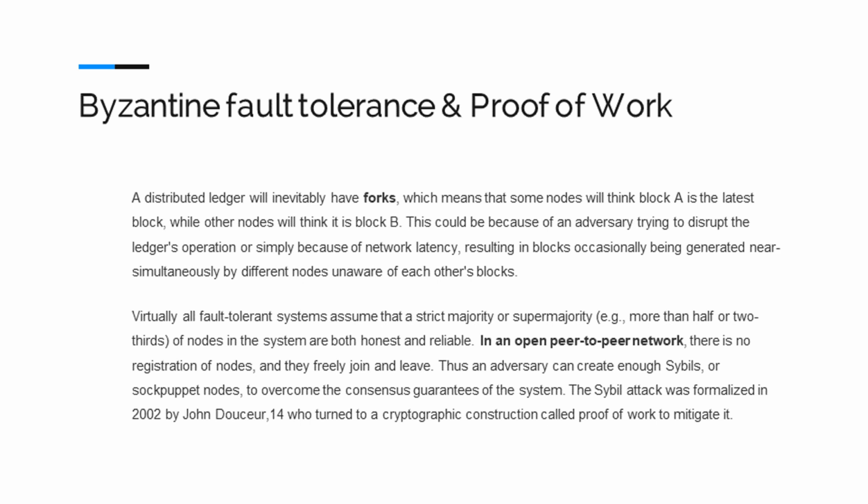A distributed ledger will inevitably have forks, which means that some nodes will think block A is the latest block, while other nodes will think it is block B. This could be because of an adversary trying to disrupt the ledger's operation, or simply because of network latency, resulting in blocks occasionally being generated near simultaneously by different nodes unaware of each other's blocks.